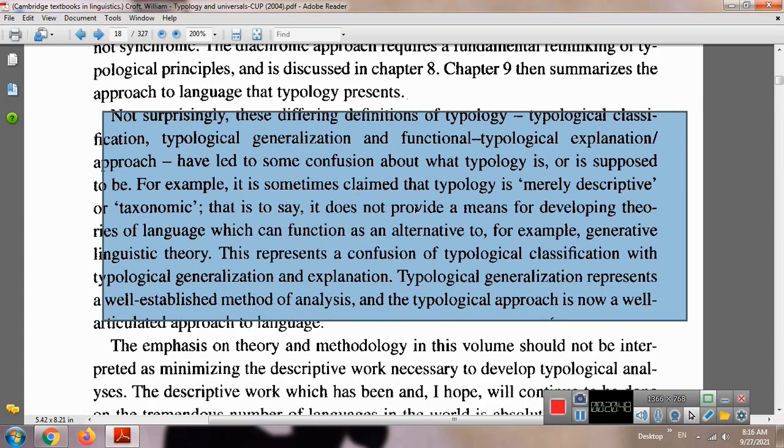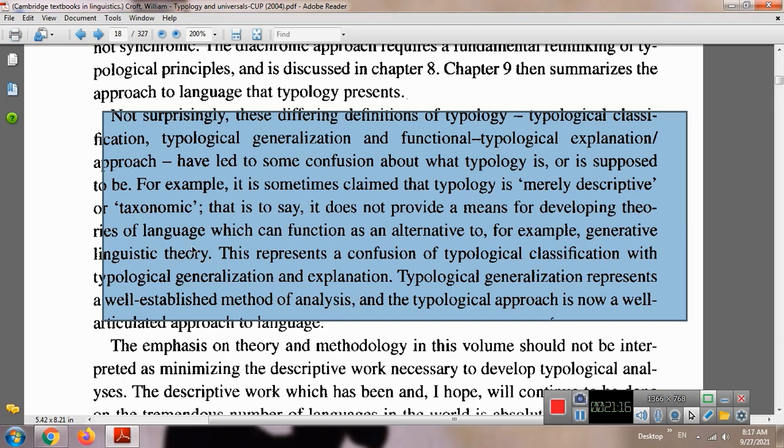For example, it is sometimes claimed that typology is merely descriptive or taxonomic. That is to say, it doesn't provide a means for developing a theory of language which can function as an alternative to, for example, generative linguistic theory. This represents a confusion of typological classification with typological generalization and explanation.